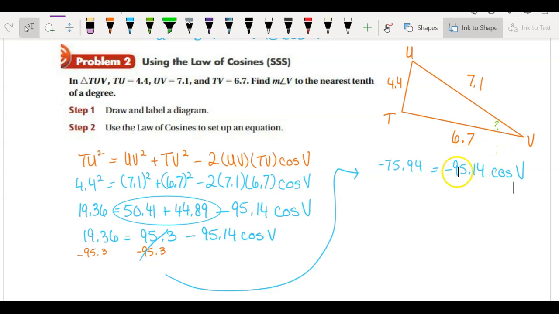So now, how do I get the cosine of V by itself? I'm going to divide by negative 95.14.